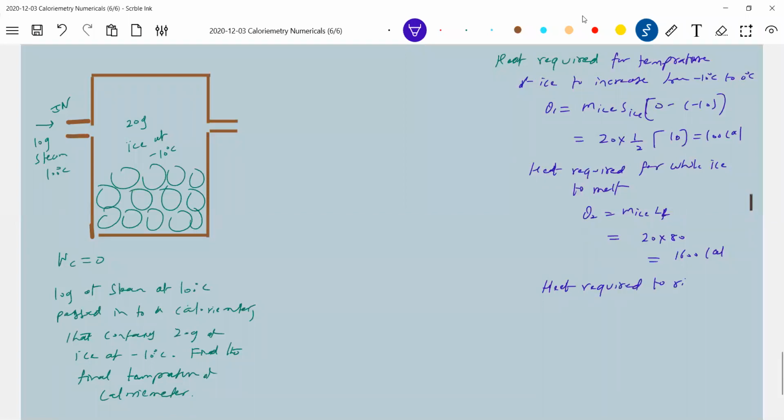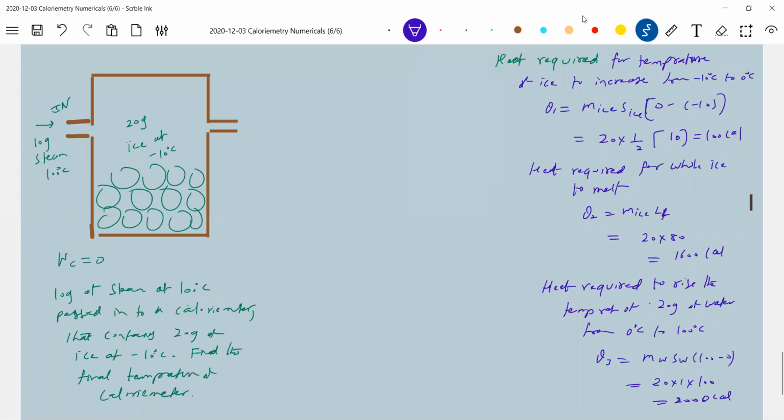Heat required to raise the temperature of 20 gram of water from 0 degrees Celsius to 100 degrees Celsius: mass of water 20 into 1 into 100. From where should this Q1 plus Q2 plus Q3 come? The steam. If all the steam condenses, how much do we know? 5400. Should all the steam condense? No, only a part of steam.